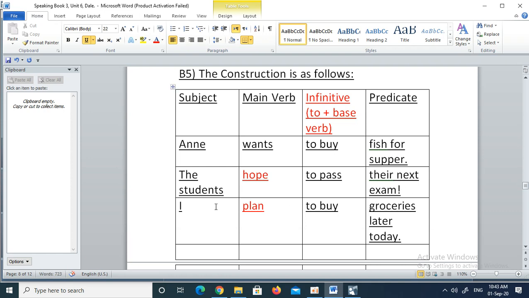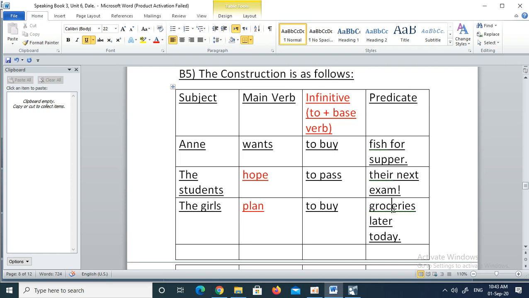Okay, I am the subject, but I could say we, I could say they, I could say the girls. Any subject will do. Plan is our main verb. In our third box, we have an infinitive, to buy, and in our fourth box, we have a predicate.